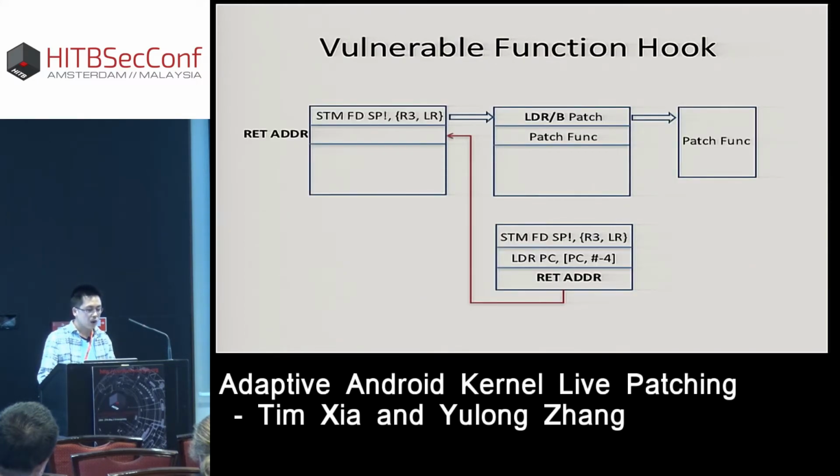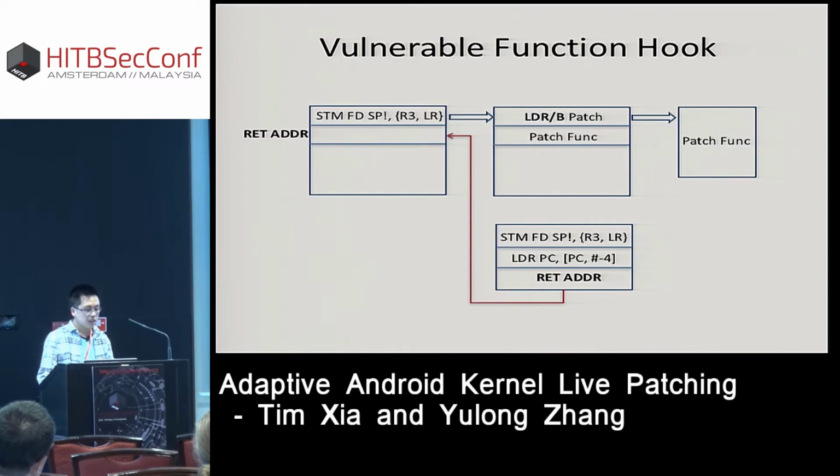Here's just an example of how we hook from the prologue. We are going to override the first instructions with a B instruction. B is a branch instruction, and this instruction will jump to a patch function, which is our function.